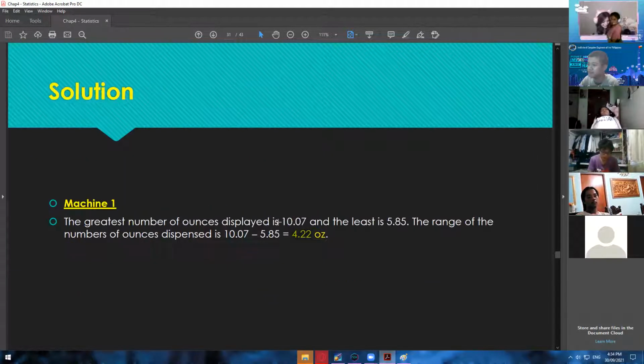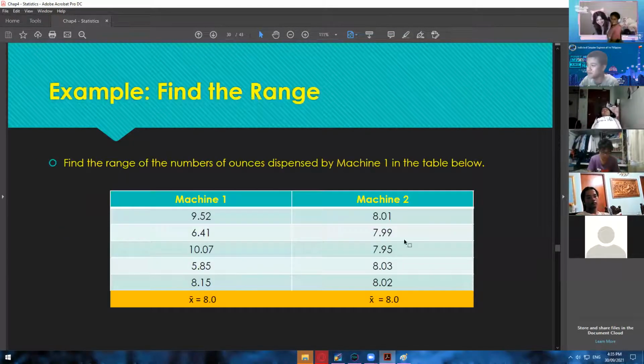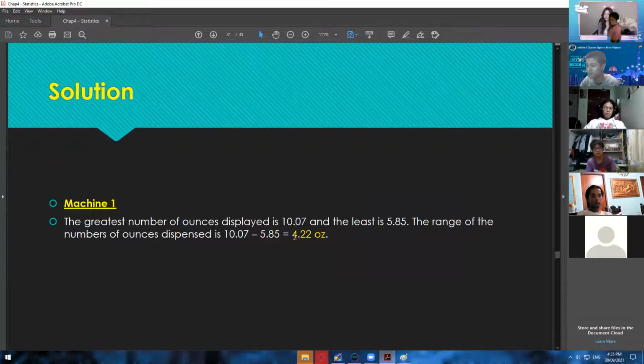But for machine 2, if you get the highest and lowest, probably it's just a point something. So having a range of maybe 1 and below is acceptable. But having a range of 4 is not acceptable anymore.